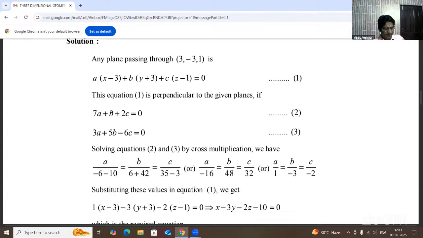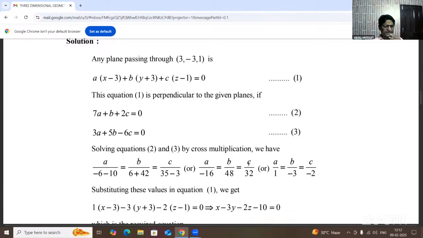Next the B value is 2 into 3, 6, minus 7 into minus 6, minus of minus 42, plus 42, equal to C by the remaining coefficients: 7 fives are 35 minus 3. Finally we get the values A by minus 16, B by 48, C by 32.